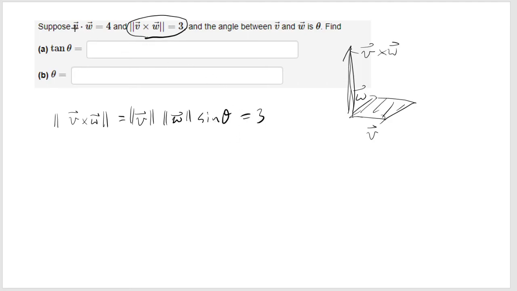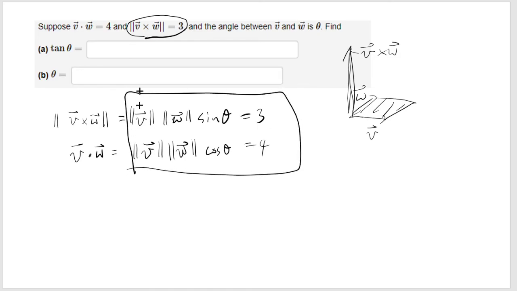Now, what about V dot W equals 4? Well, V dot W, by definition, is the norm of V times norm of W times cosine of theta, and that has to equal 4.